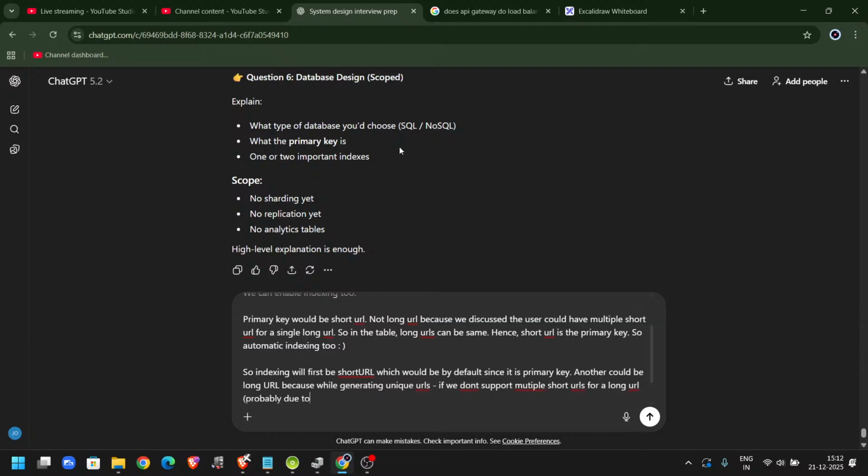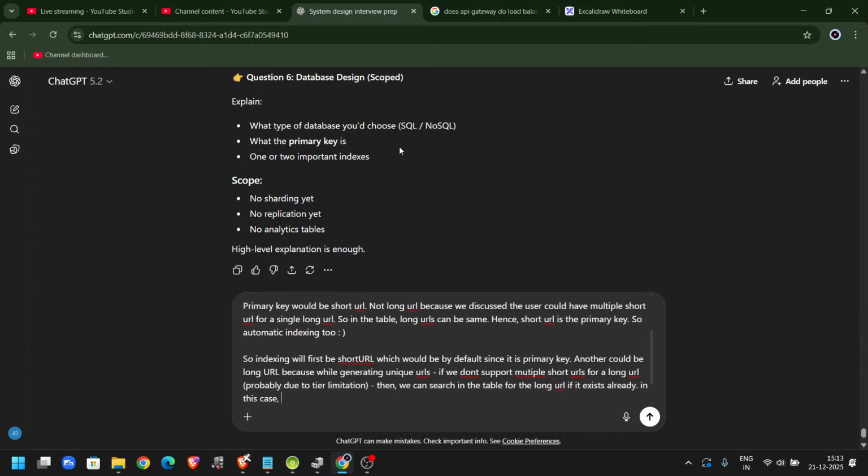probably due to tier limitation, then we can search in the table for the long URL to see if it already exists. In this case, indexing would be beneficial.